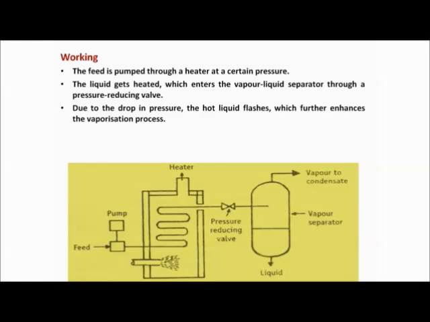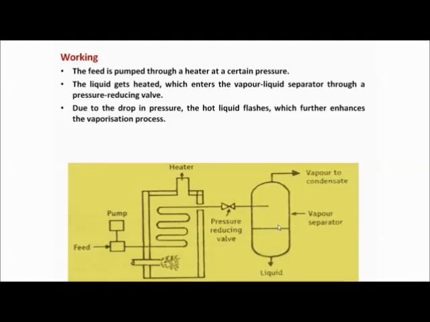So due to the drop in pressure, once the liquid has entered the vapor liquid separator, there will be a drop in the pressure. Thus when the liquid enters that area, due to the drop in the pressure, what will happen? The hot liquid flashes, it starts flashing, which further enhances the vaporization process.